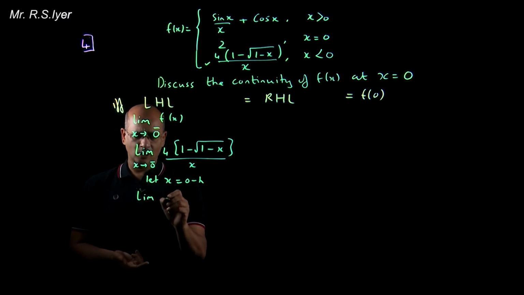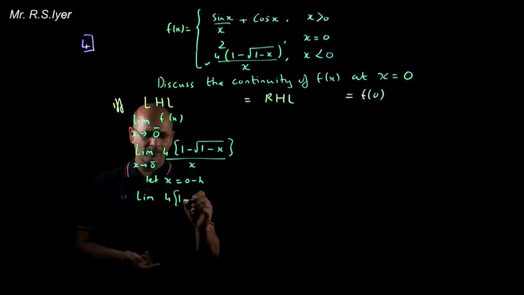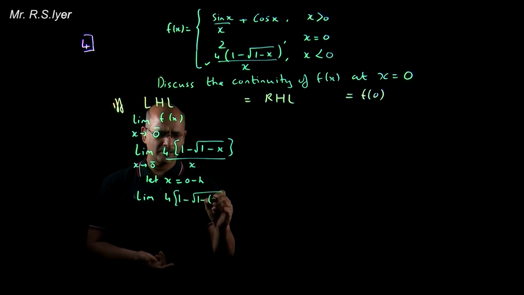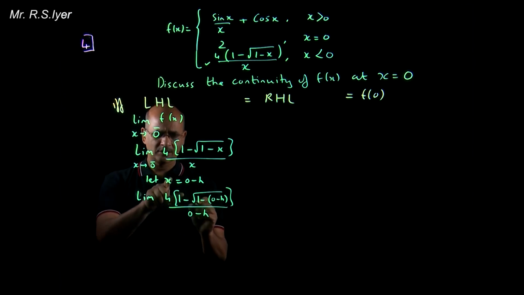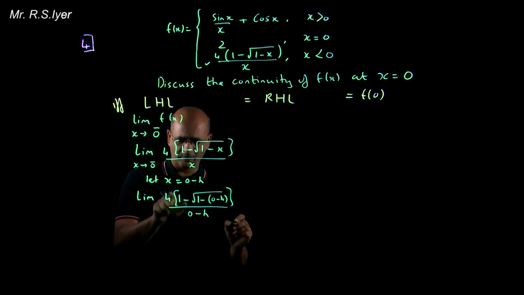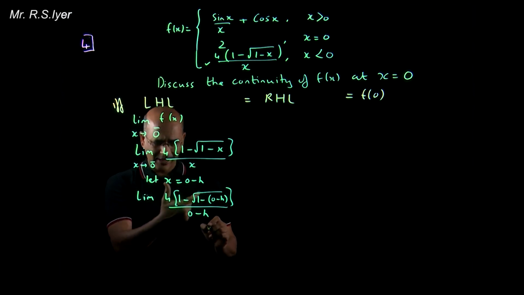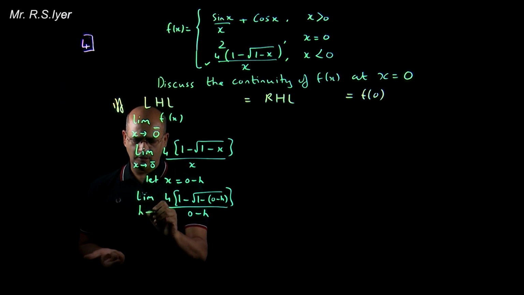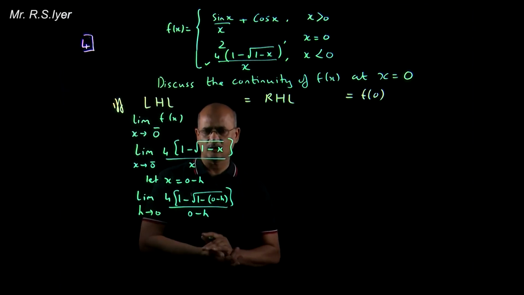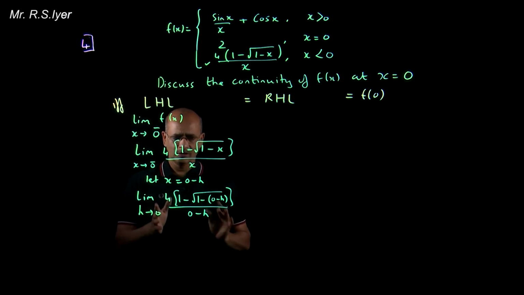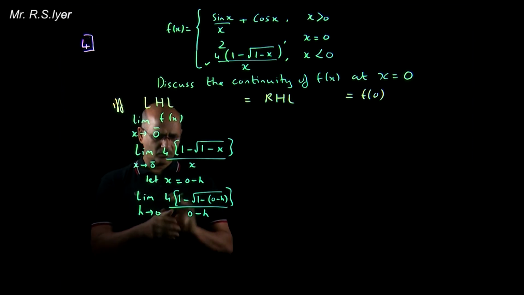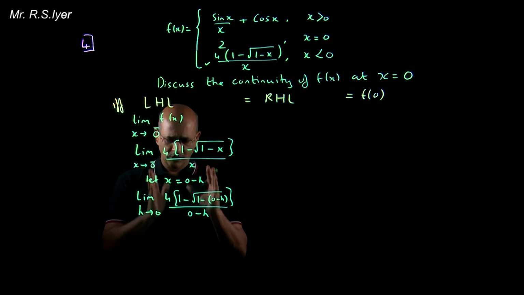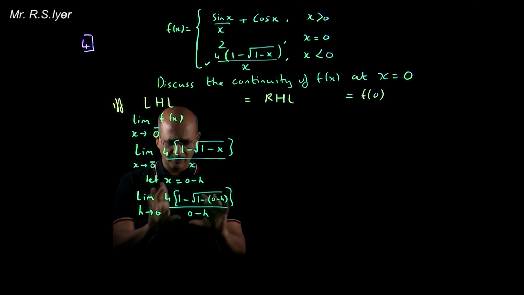This will become the limit of 4 times (1 minus root of 1 minus 0 minus h) upon 0 minus h, because all the x in this case I am replacing by 0 minus h. As x becomes 0, h will automatically become 0. So my substitution is complete in all respects. Now children, very important, if you see this carefully, if you remember, it's a limit of root.